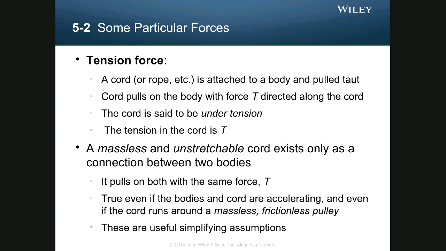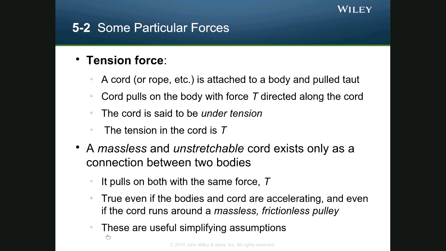The massless and unstretchable cord exists only as a connection between two bodies. It pulls on both with the same force, this is the tension, and this is true even if the bodies and cord are accelerating, and even if the cord runs around a massless, frictionless pulley. Now remember what I said: massless, frictionless pulley. These are useful simplifying assumptions.